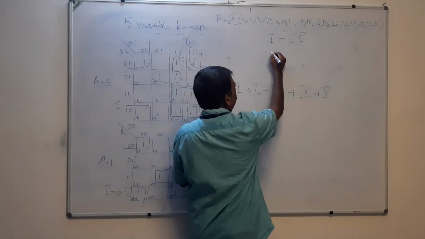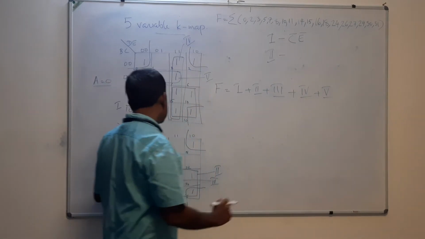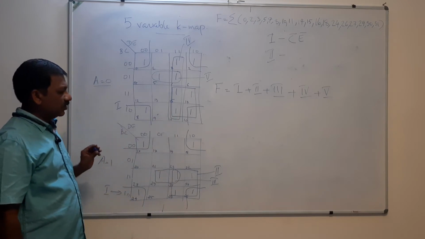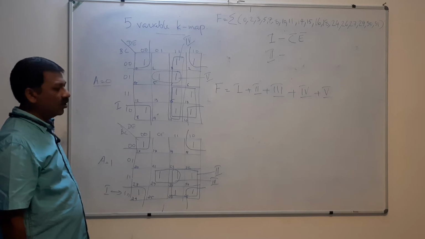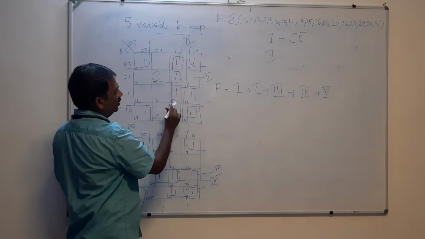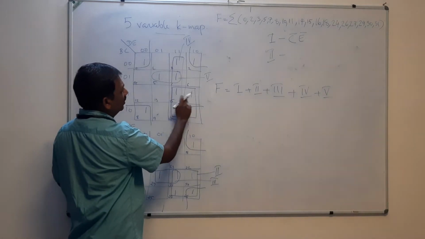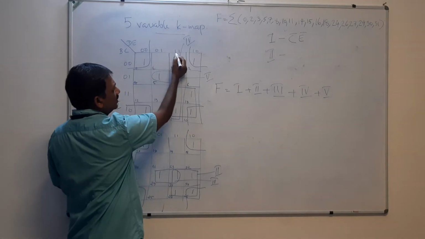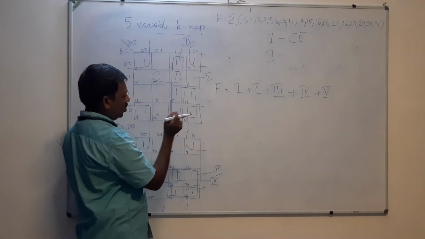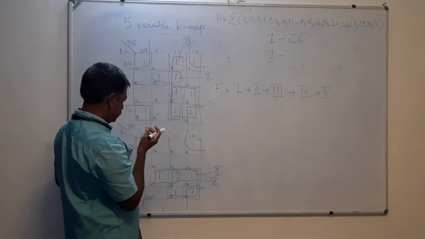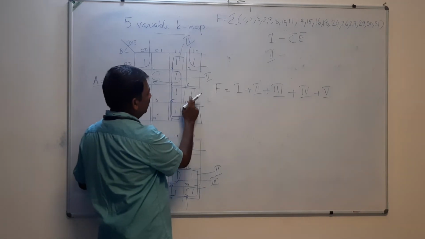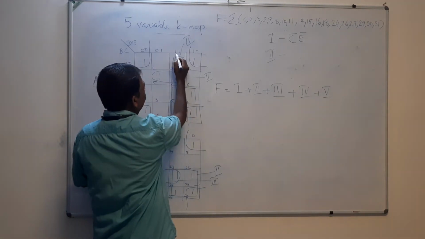Now take the second one. The second one is also common for both of these, so the A term will go. Now you have to find the equation for this. Changing from here to here, what remains is 1 1 and 1 0.